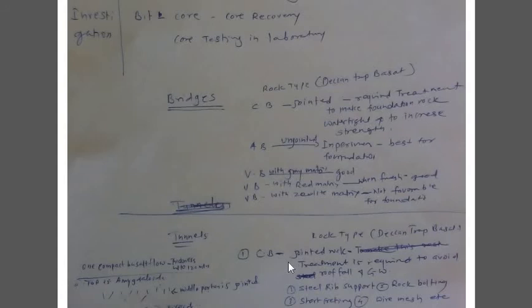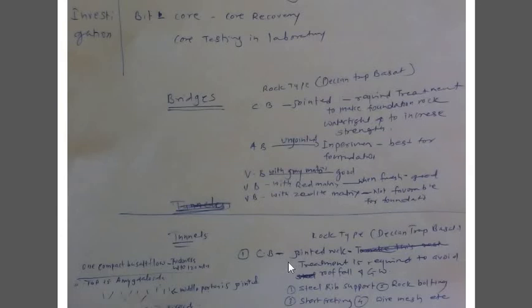And as this compact basalt is a jointed rock, you have to provide support to avoid this roof fall, at the time of excavation and after excavation. This treatment may be steel rib support, rock bolting, shotcreting, wire mesh, etc.